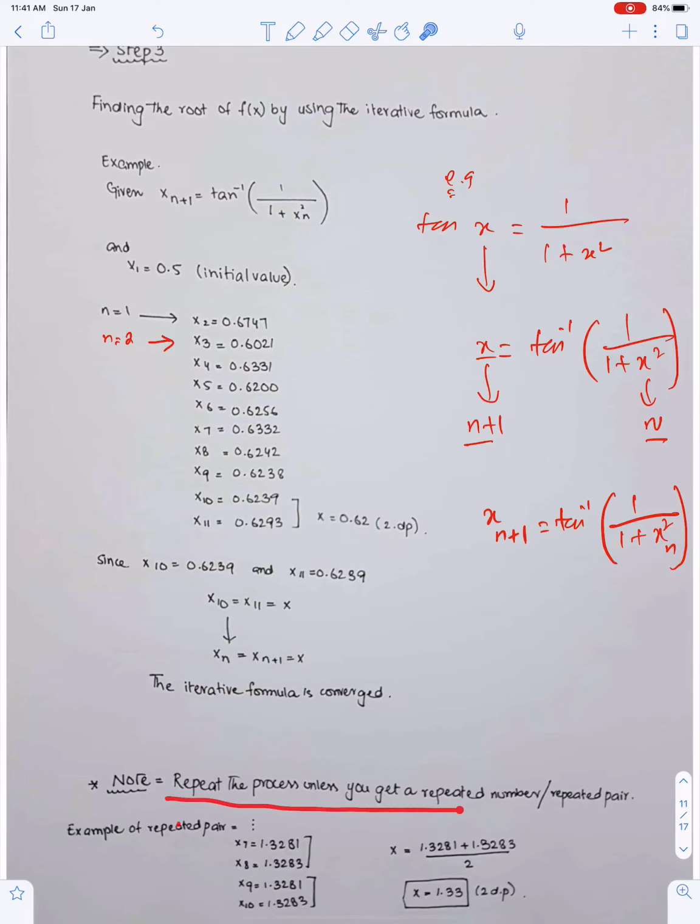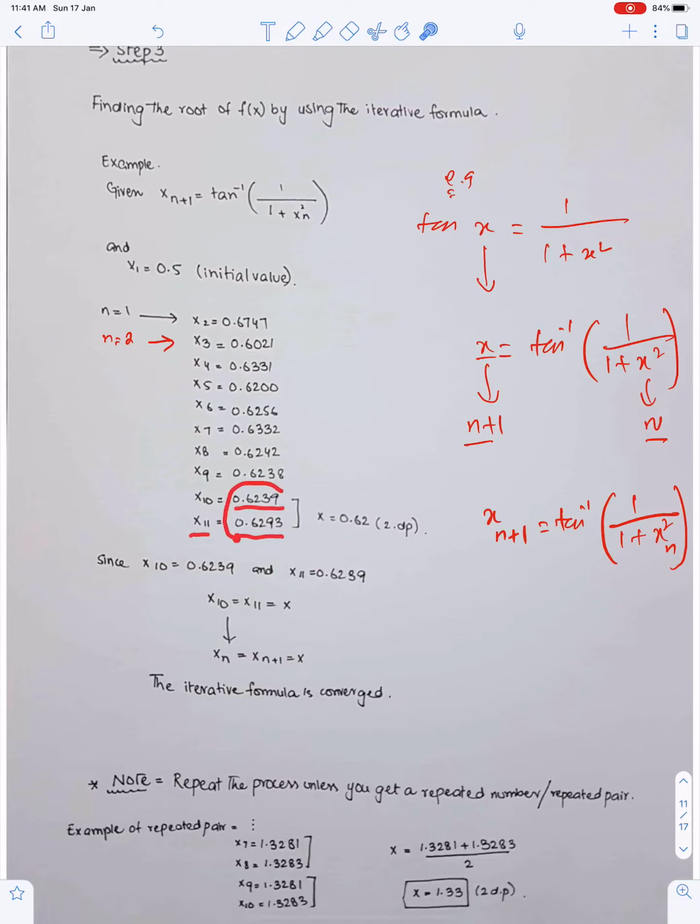Repeat the process unless you get a repeated answer or repeated pair. Do this iteration unless you get a repeated number or a repeated pair. Normally you get a repeated number. See, you are getting a repeated number. Here you've got 0.6238, and at x10 you have got 0.6239, and at x11 0.6239.